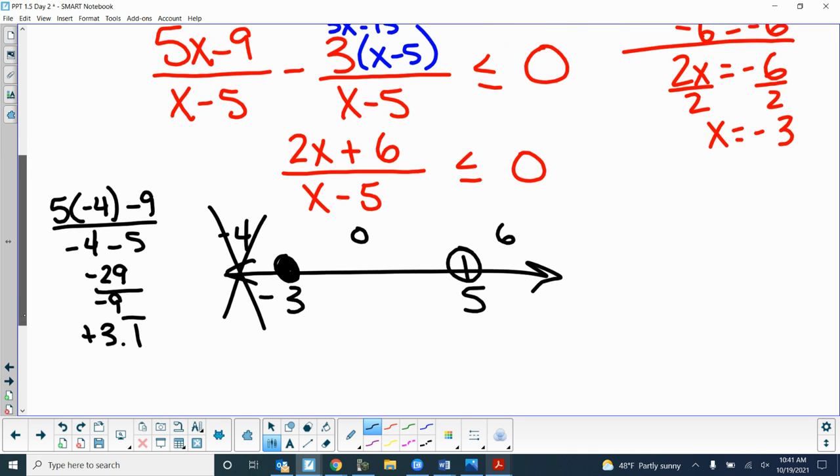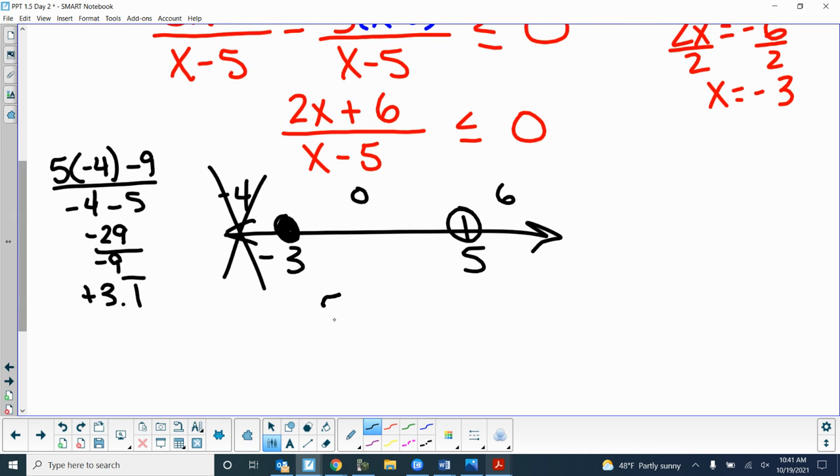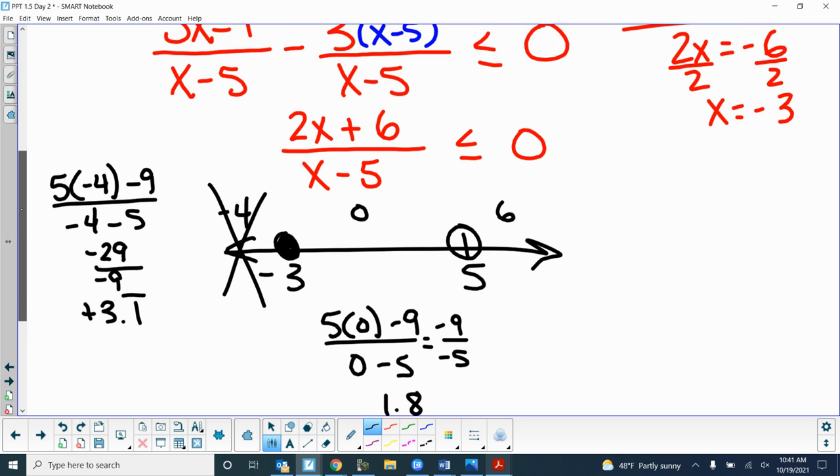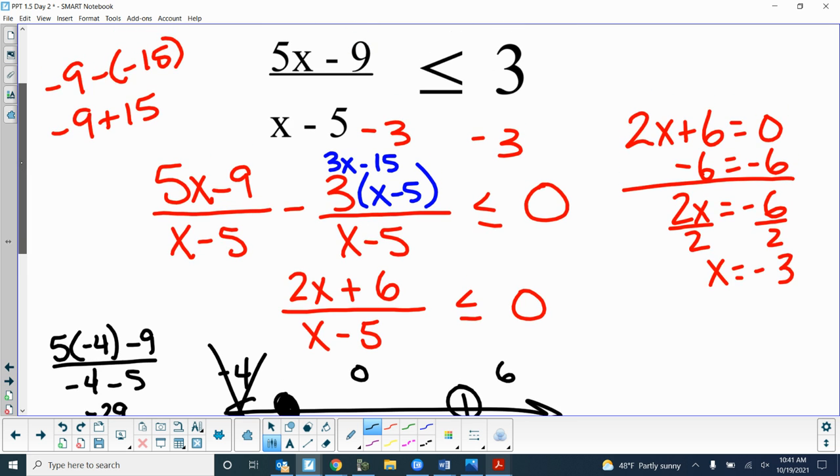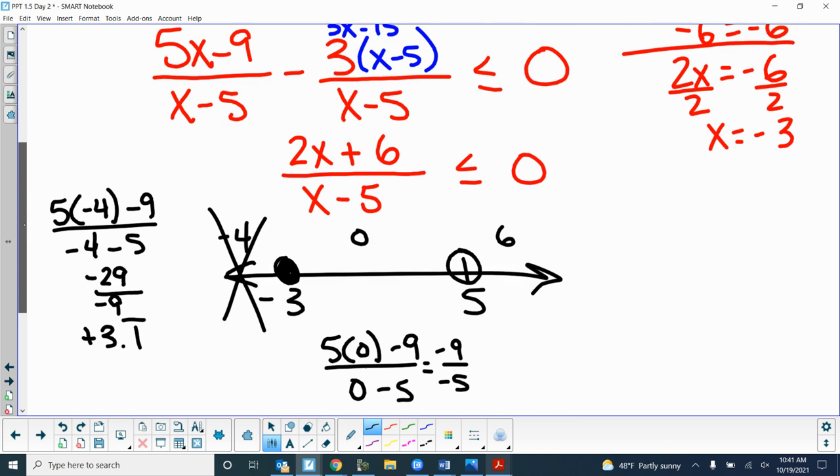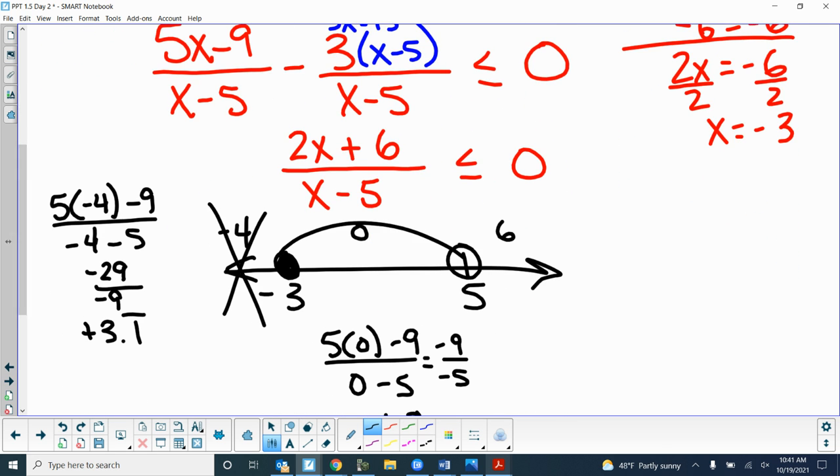Put 0 in for x. I get negative 9 over negative 5, which is 1.8 positive. Is that less than or equal to 3? Yeah. So I connect those.